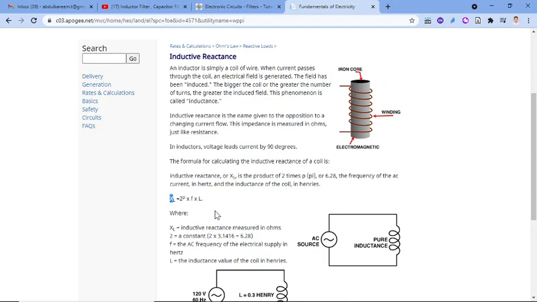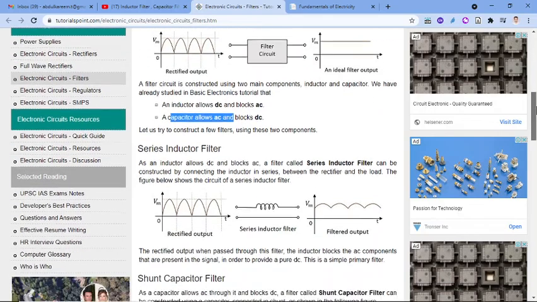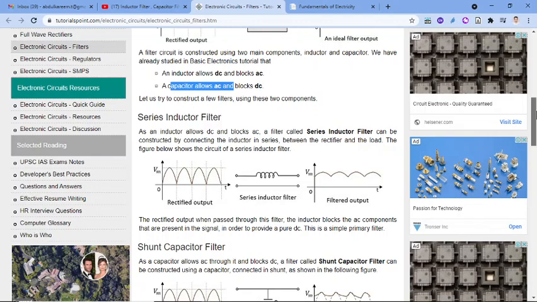In the case of DC, 1 by 2 pi FC, F is 0, then 1 by 0 is infinity. That means the capacitor allows AC and blocks DC. So we can use this capacitor and inductor to filter out the AC component.